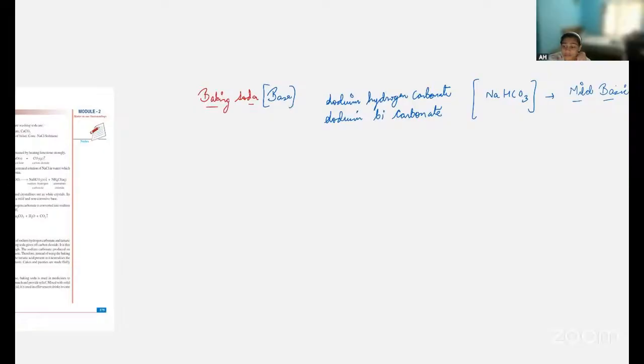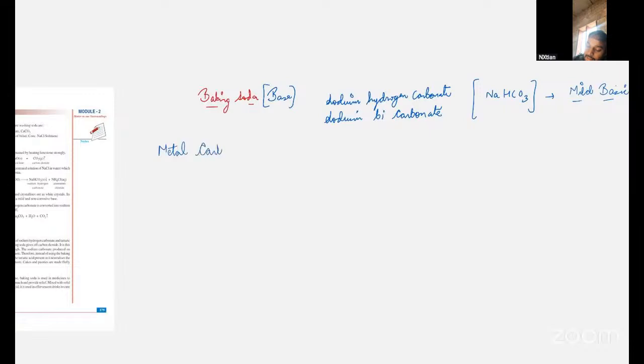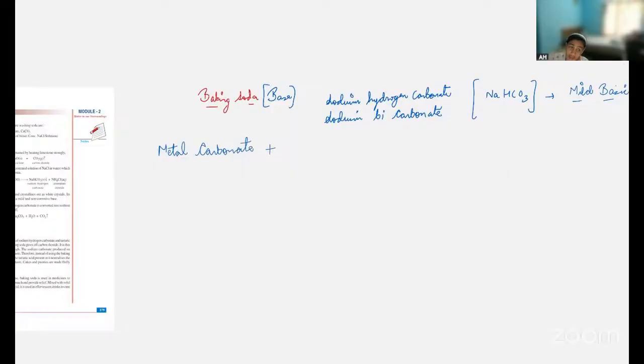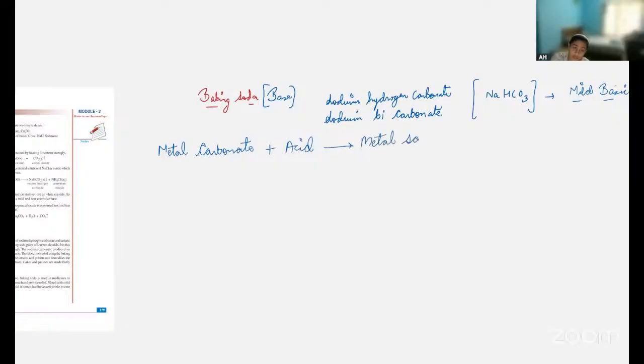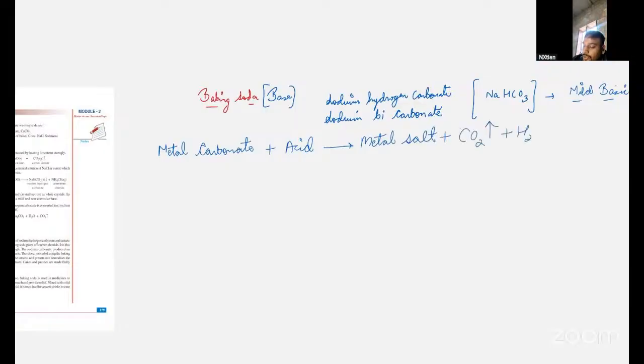I remember something like bicarbonate plus H plus, right? Metal carbonate or bicarbonate plus acid, that's H plus, will give metal salt, and then carbon dioxide is released, and H2O will be there.